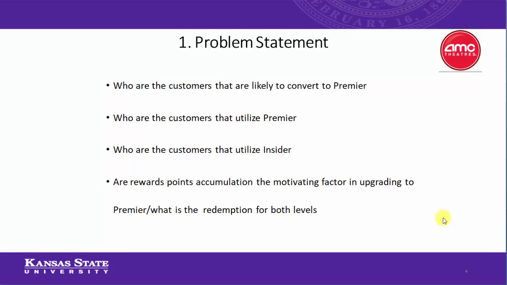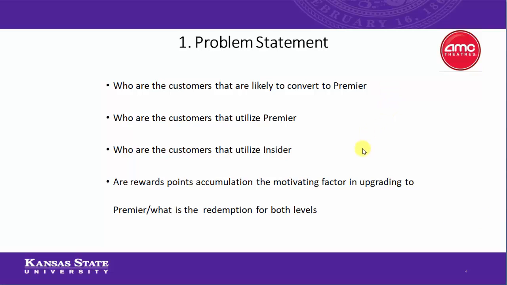The dataset contains Insider members and Premier members who converted from being Insider members. I would like to identify people who have upgraded or would upgrade to the paid program.